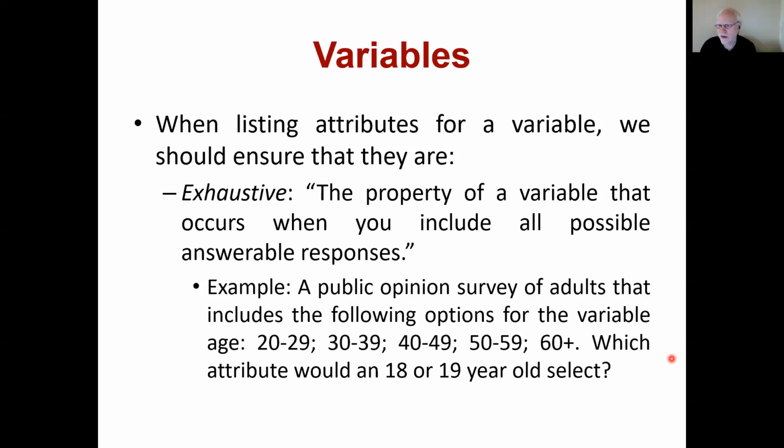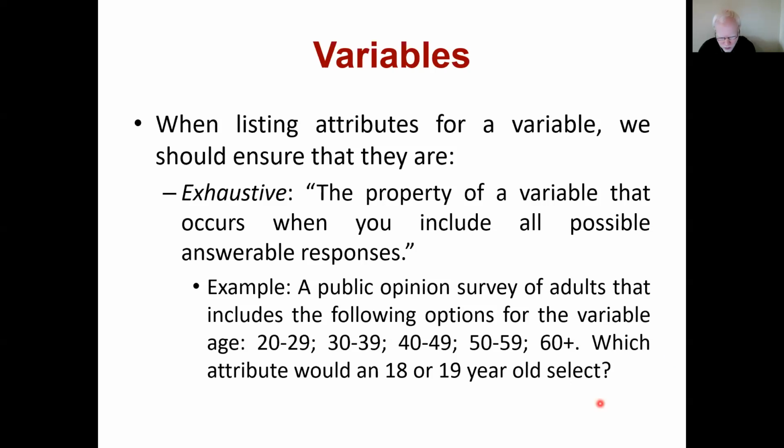In that case, you would have missed one possible attribute. It might be not applicable, or none of the above. For example, what level of education have you achieved? If somebody never went to school, then the answer would be none. But if you didn't include a none, then you haven't listed all possible attributes for the variable.